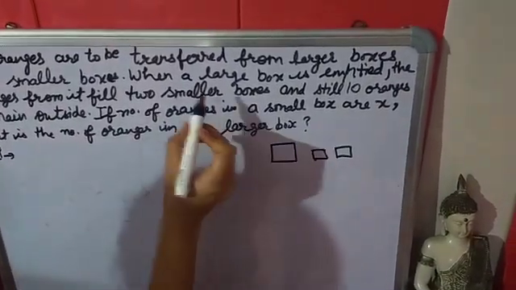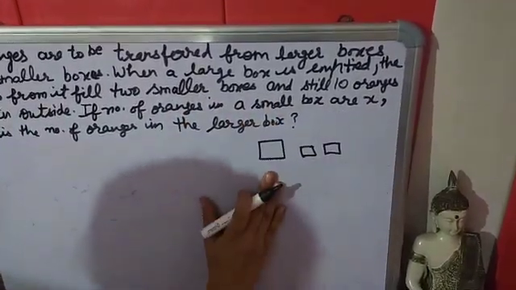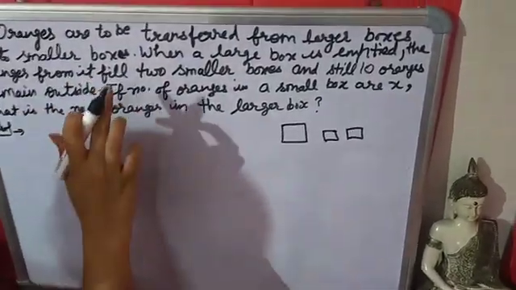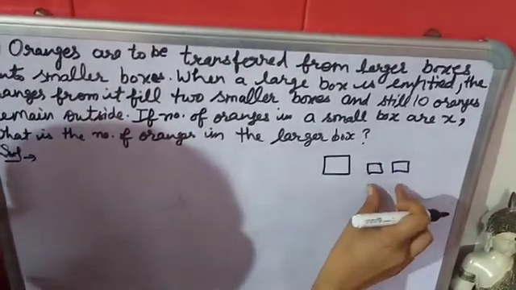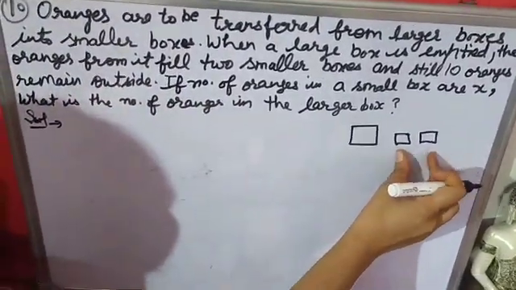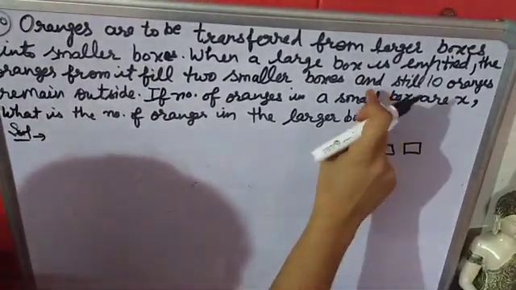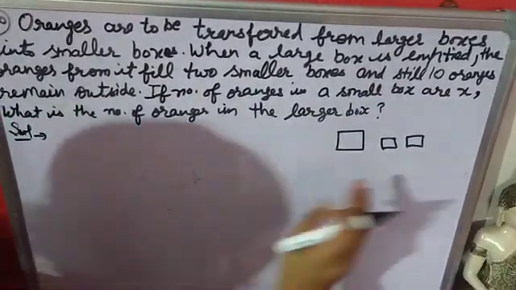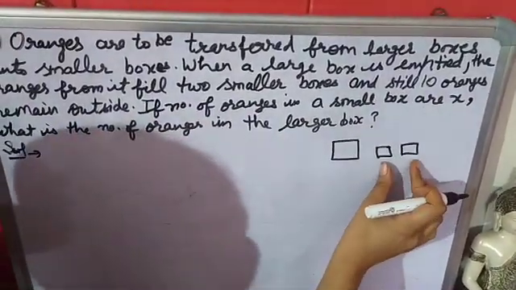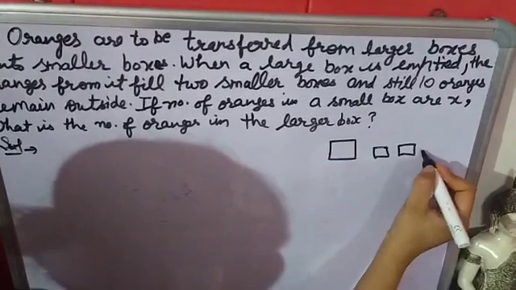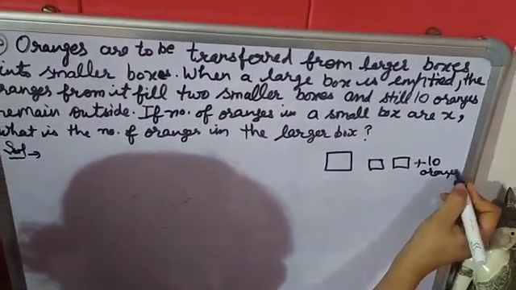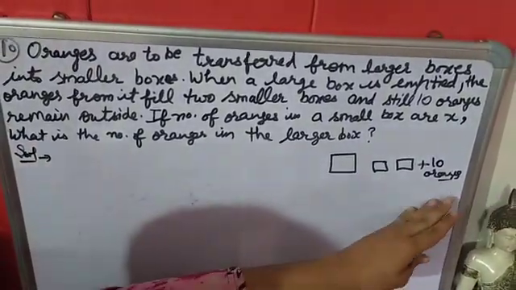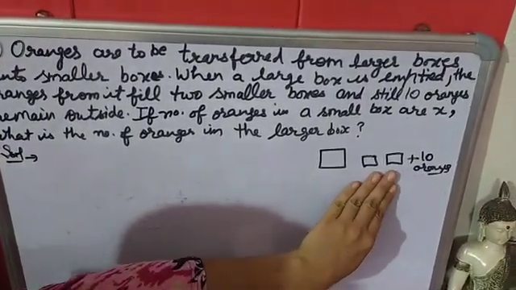So he is saying when a large box is emptied, the oranges from it fill 2 smaller boxes. यहाँ से oranges डालकर हमने इन 2 small boxes को oranges से fill कर दिया. But still 10 oranges remain outside. Both boxes are filled, but still 10 oranges are outside. These oranges are not coming in these boxes.